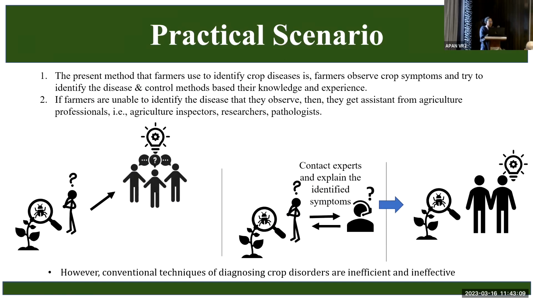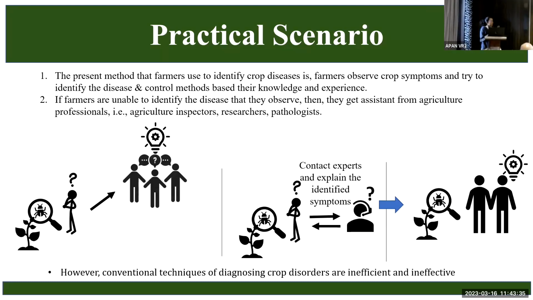If they observe any crop symptoms or diseases in a plant, first they try to figure it out based on their knowledge and experience. If not, they take photos and share them with their friends, colleagues, and other farmers, and try to figure out the disease. Some farmers go to agriculture experts. In Sri Lanka we call them agriculture inspectors.